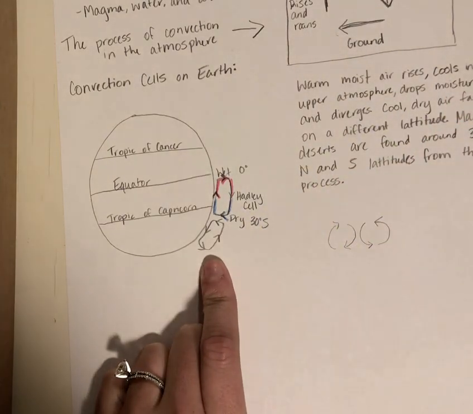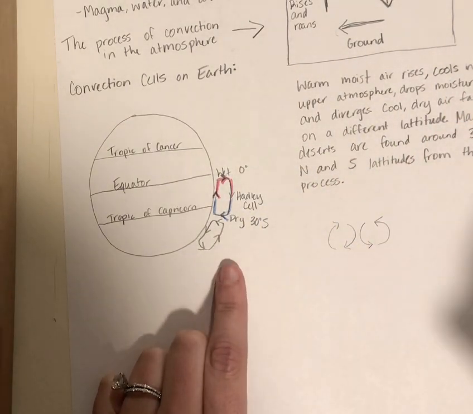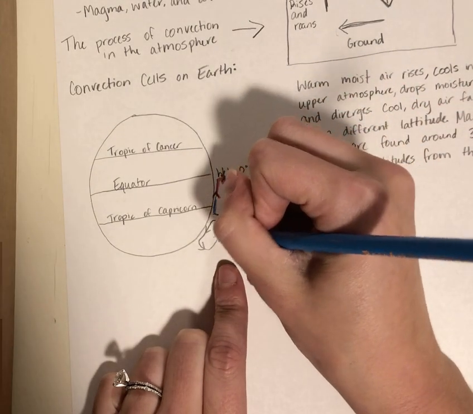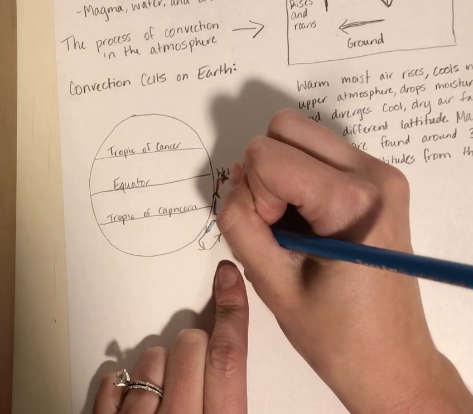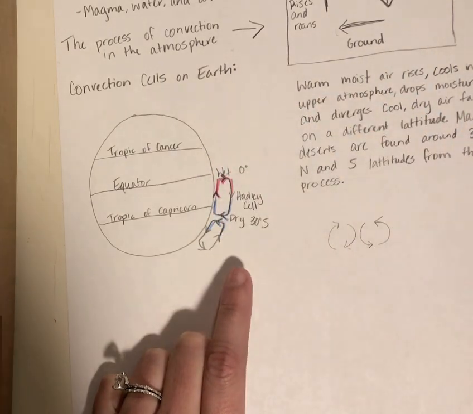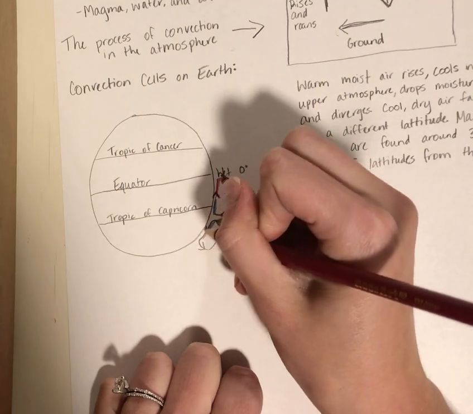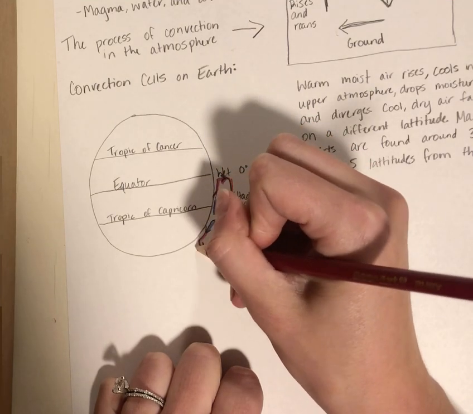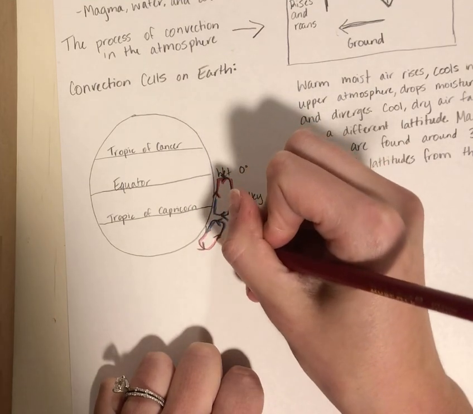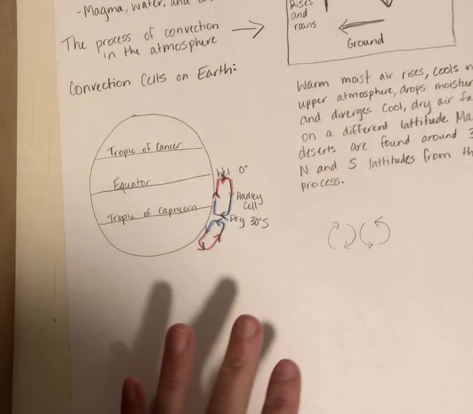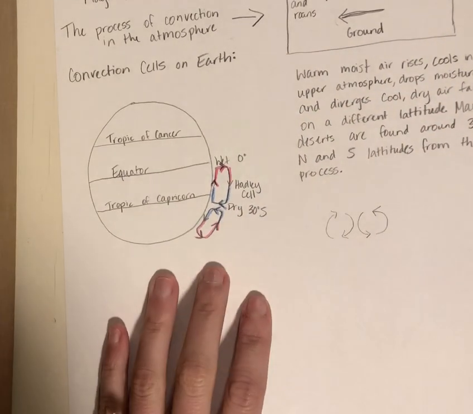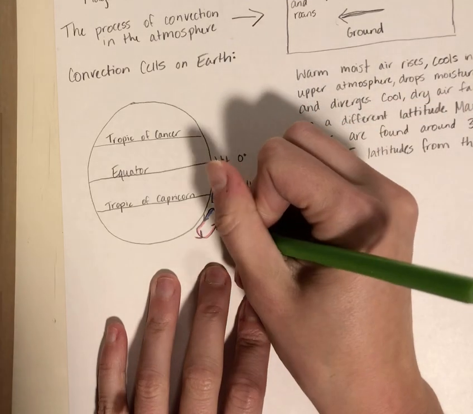Remember, it's going in opposite direction just like it did when we were talking about magma. And then down here, we call this one a Ferrel cell.